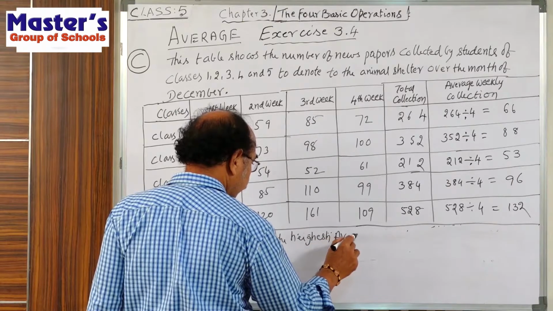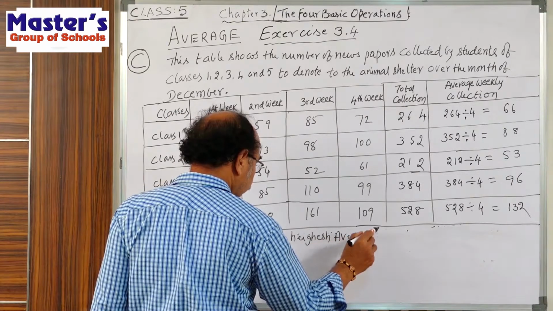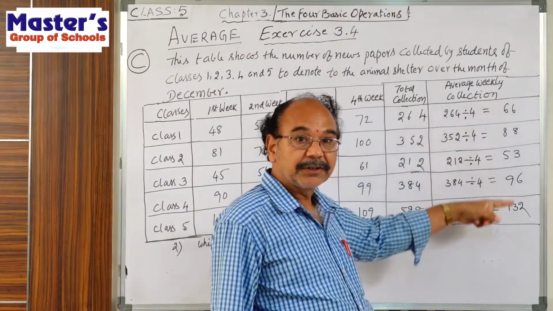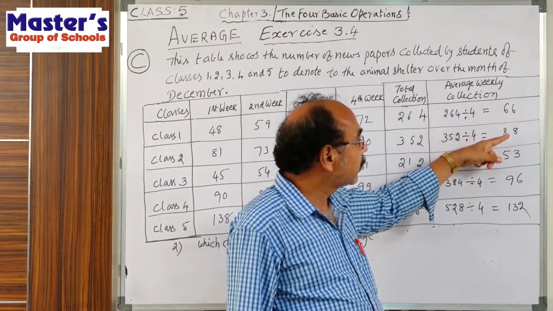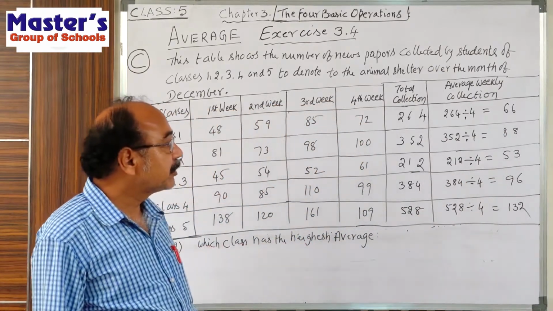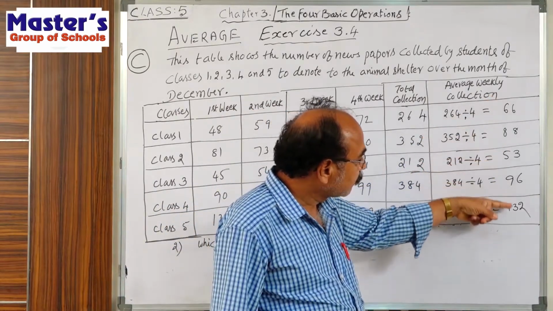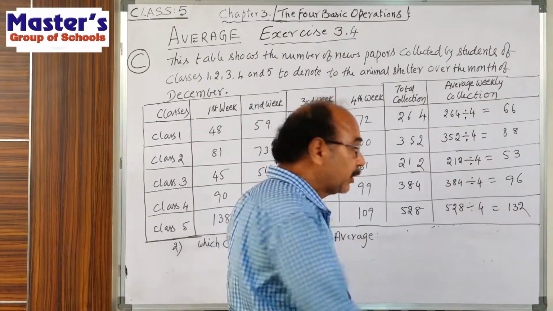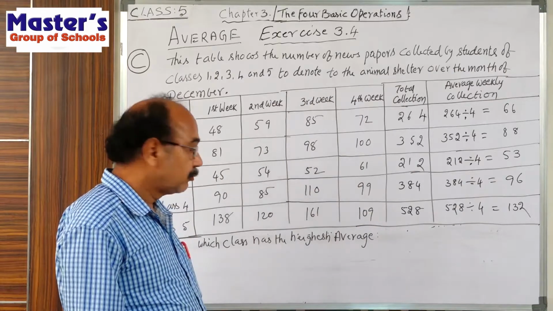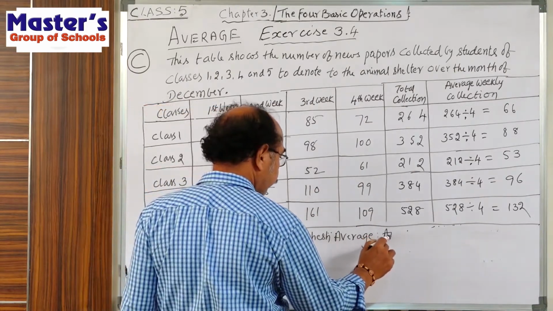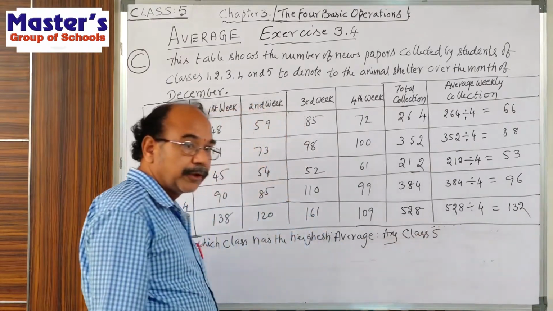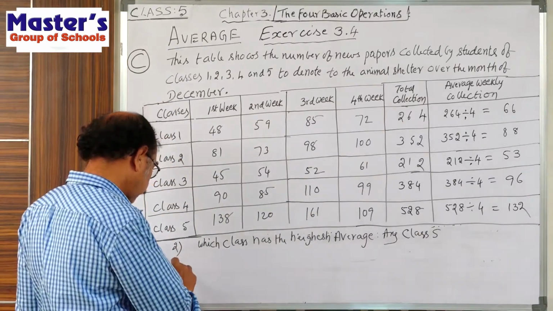You see, these are all the averages. See the last part: first class, second class, third class, fourth class. Which class has the highest average? Which is greater than all of these? 132. 132 is greater. So class 5. What is the answer here? Class 5.